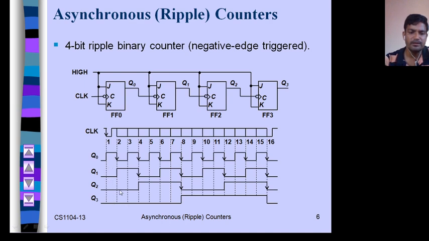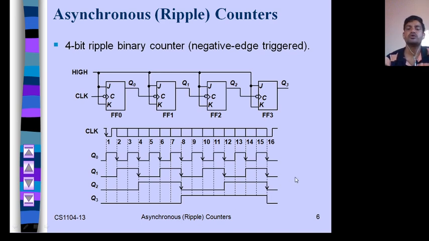So from here you can see initially value 0 0 0, then 0 0 1, then 0 0 1 0 which is 2, 0 0 1 1 which is 3, then 0 1 0 0 which is 4, then 0 1 0 1 which is 5, then 6, then 7 which is 0 1 1 1, then 8 which is 1 0 0 0, then 1 0 0 1 which is 9, then 1 0 1 0 which is 10, then 1 0 1 1 which is 11, then 12, then 13, then 14, then 1 1 1 1 which is 15.